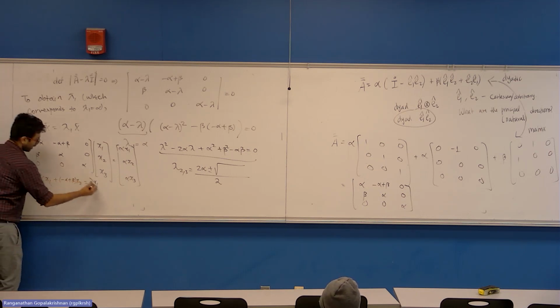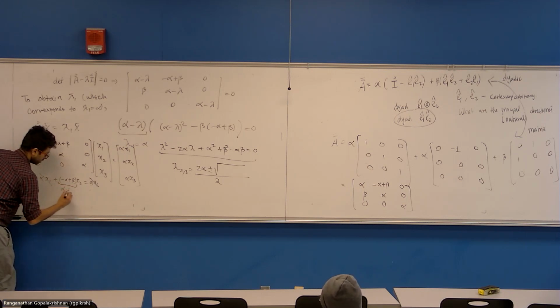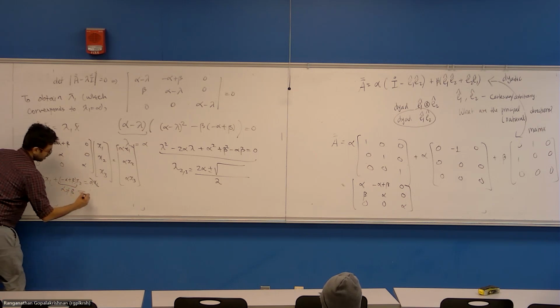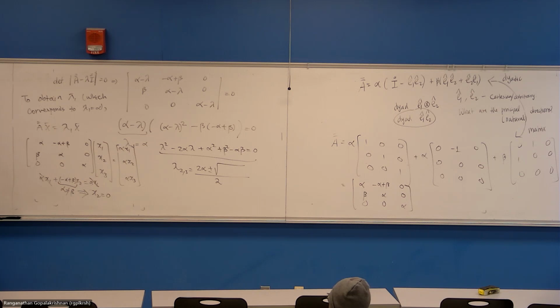So if these two go away, alpha and beta are given to be scalars, and there is no reason we should assume that they should be equal to each other. If they are not equal to each other, the only way this is true will be when x2 is 0. There's no reason we should assume that alpha is equal to beta. Okay, we assume that x2 is 0. Now let's take the second equation and see what we get.